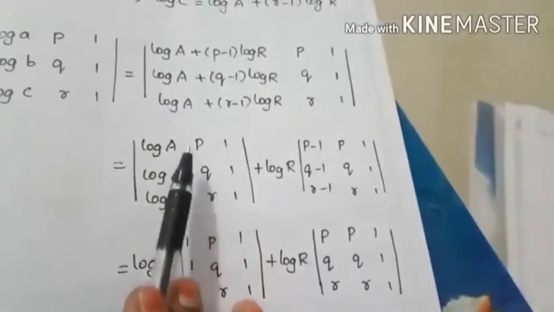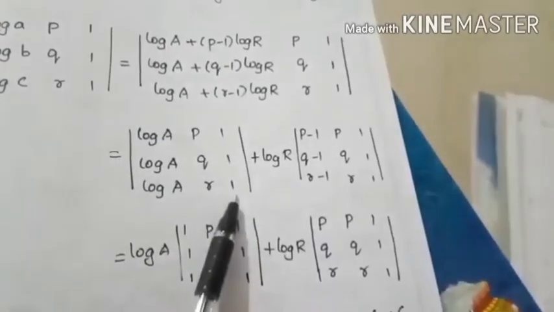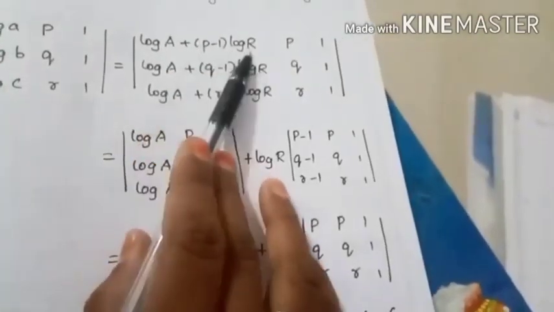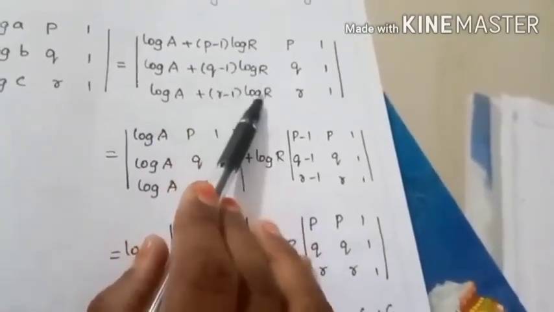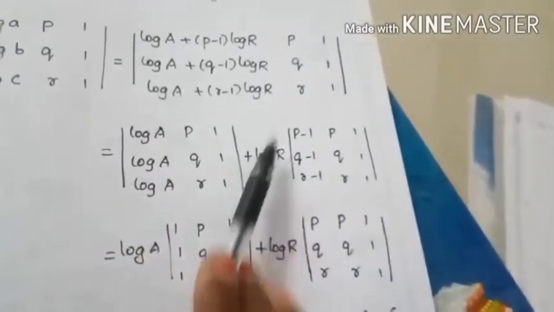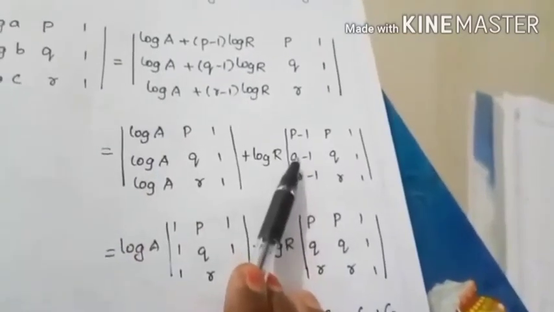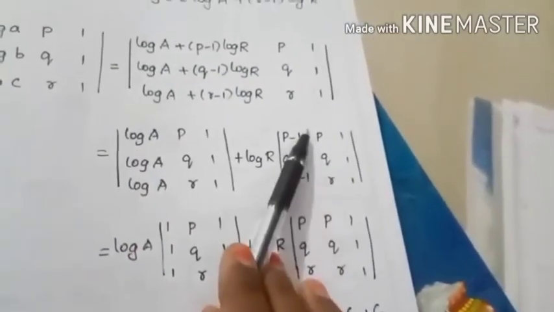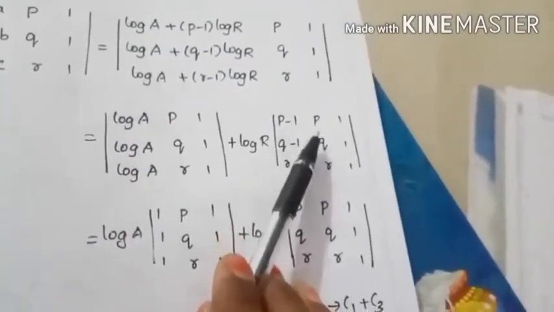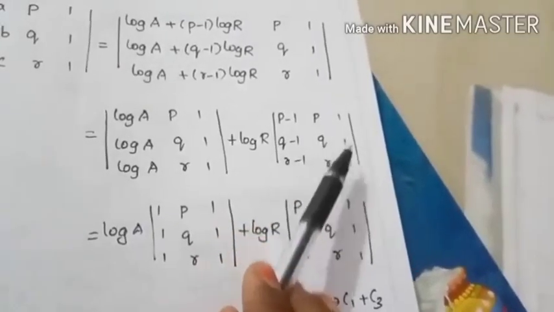Next, C2 as it is, P Q R, C3 1 1 1, plus the second element. Log R is common, so taking it outside, log R into P minus 1, Q minus 1, R minus 1, C2 and C3 as they are, P Q R, 1 1 1.